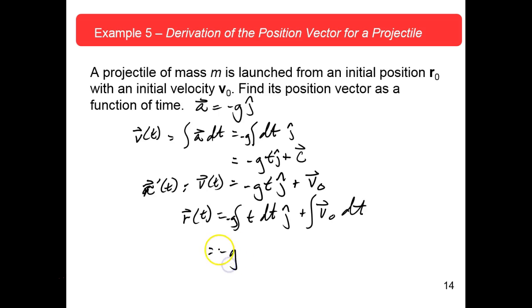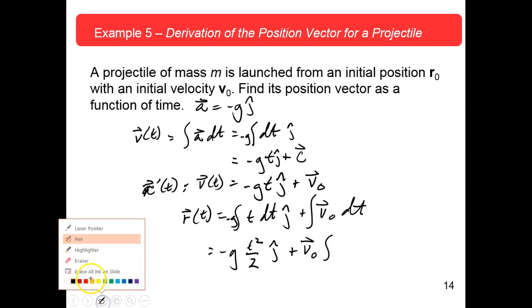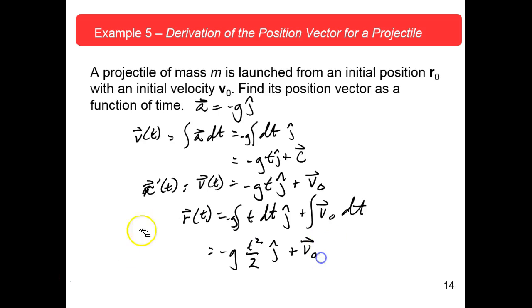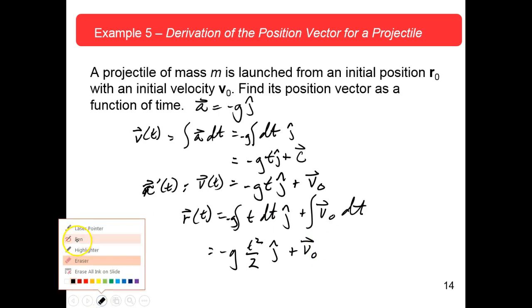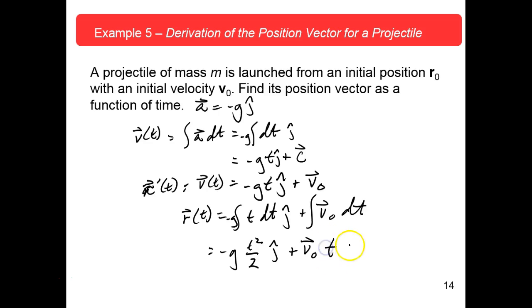Minus g times t squared over 2, and that's in the j direction, plus, now V0 is just a constant, so let's pull that on the outside here. What's the integral of dt? t. So I'm not even going to write the integral down because I forgot to do it earlier. So that would be just t plus some constant vector C.